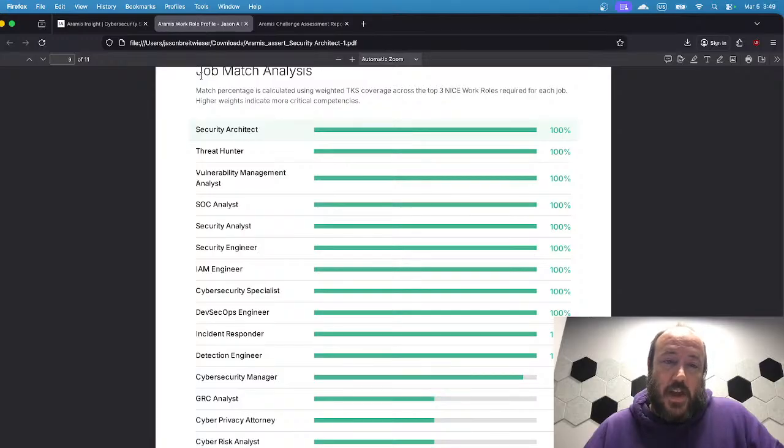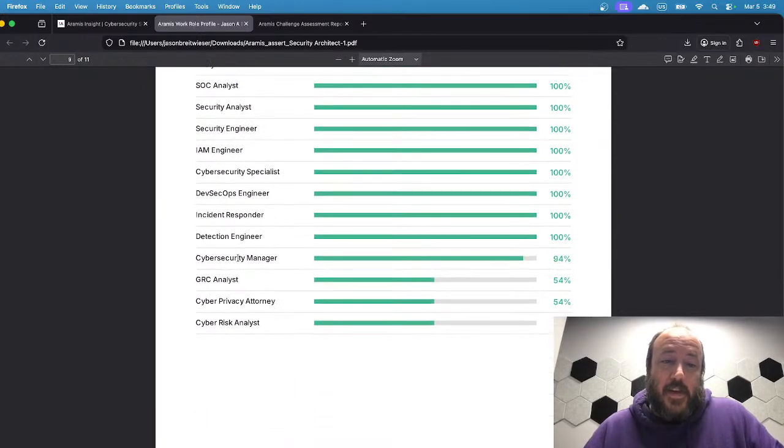So, doing the job match analysis, it indicates I'm 100% match for a security architect, for threat hunter, for vulnerability management analyst, for SOC analyst, for security analyst, for security engineer, a title I've held. I've been a SOC analyst, been a security analyst.